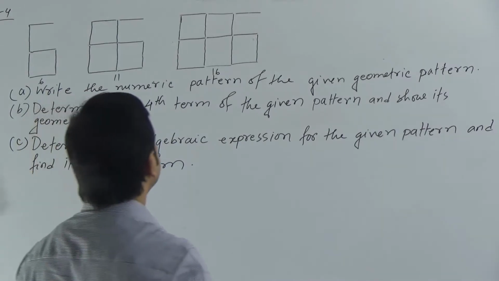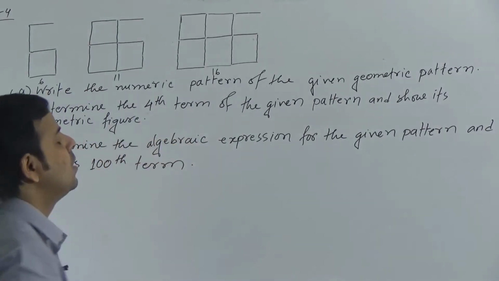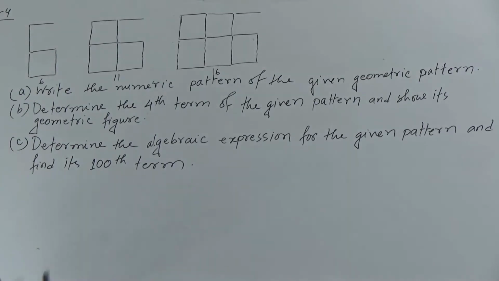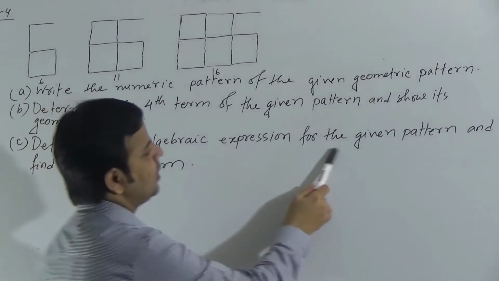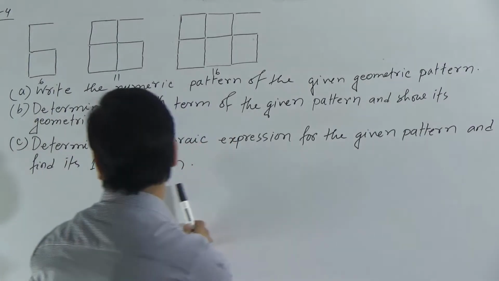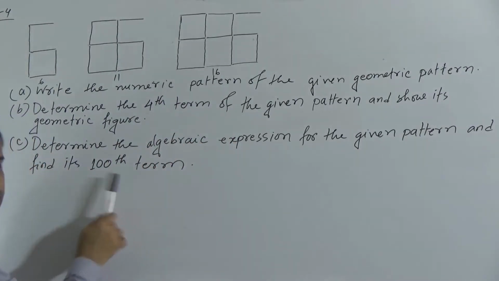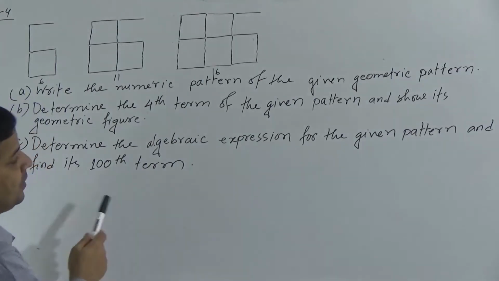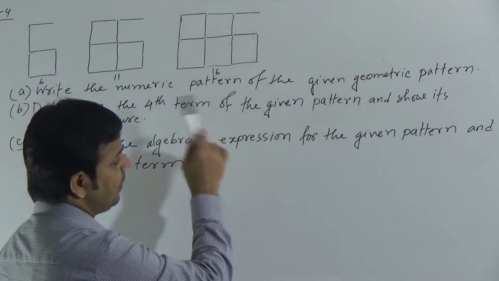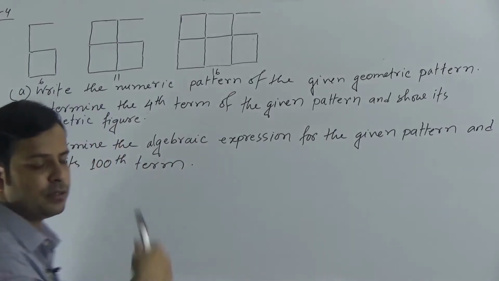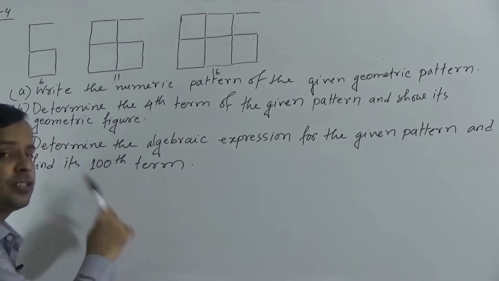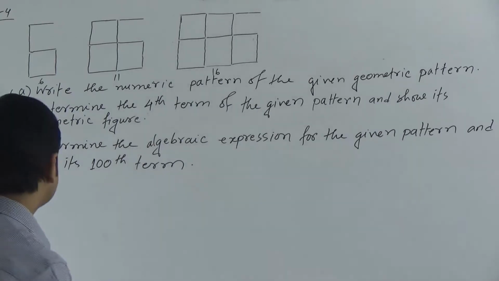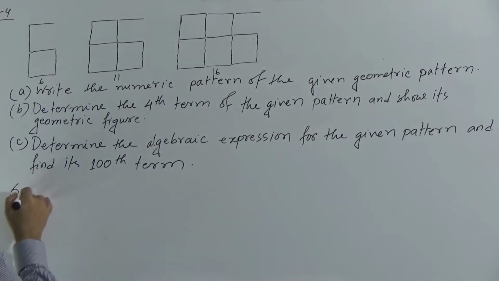Now question C: determine the algebraic expression for the given pattern and find its 100th term. It means we have to determine the algebraic expression for the given pattern at first, then we have to find the 100th term. Okay dear students, let us see the solution.